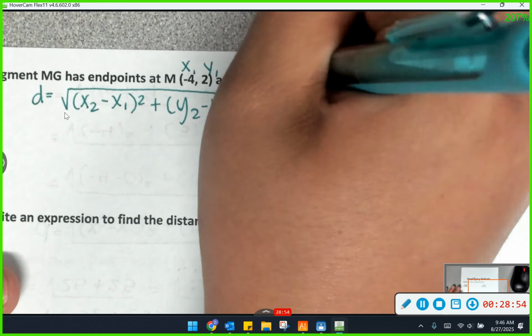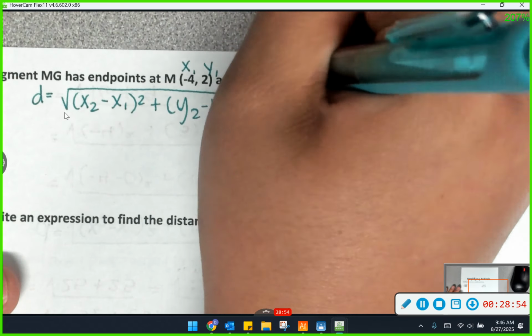X2, negative 4, X1. You're still going to have a minus, a negative. What's going to happen there? It turns into a plus. Y2 is negative 4 minus 2 squared. And you see how I extended my square root to make sure it covers it. What is negative 4 plus 4? 0.